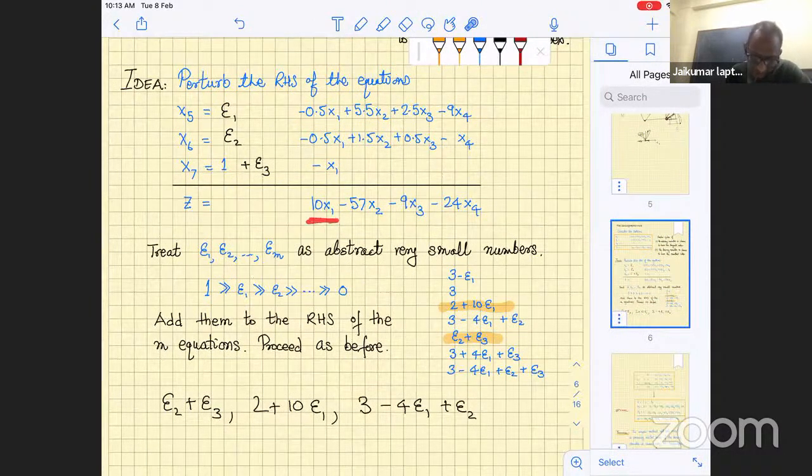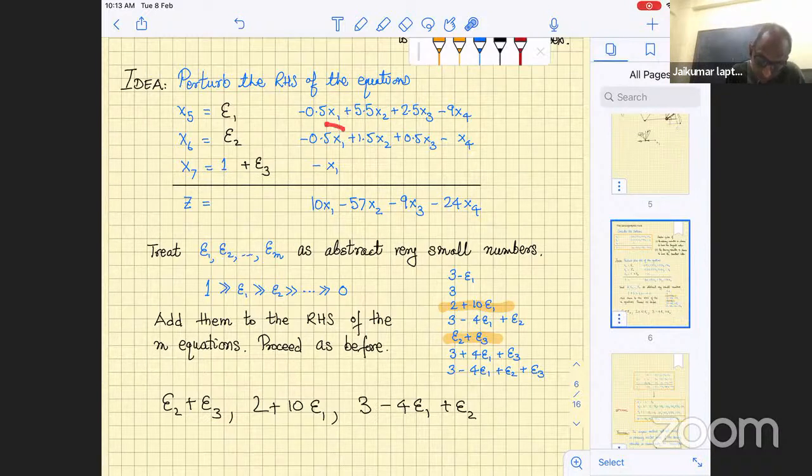So this is 10x1. We want to increase x1. Can someone tell me how much can I increase x1 by? If I increase x1, this equation is going to protest when I increase x1 to 1 plus epsilon 3. If I change x1 to 1 plus epsilon 3, this equation will become tight.